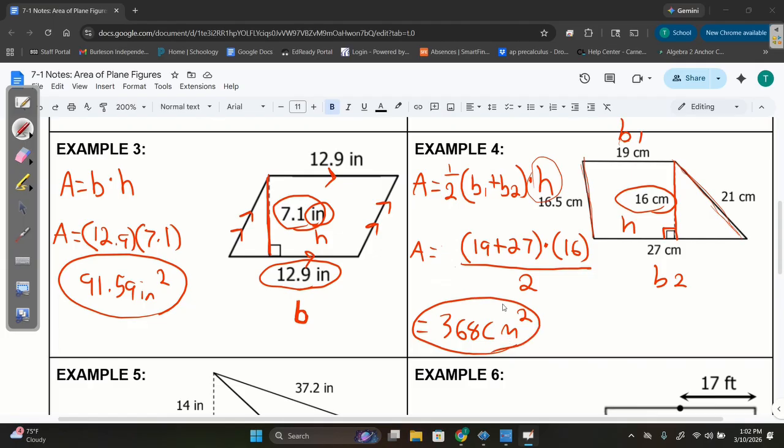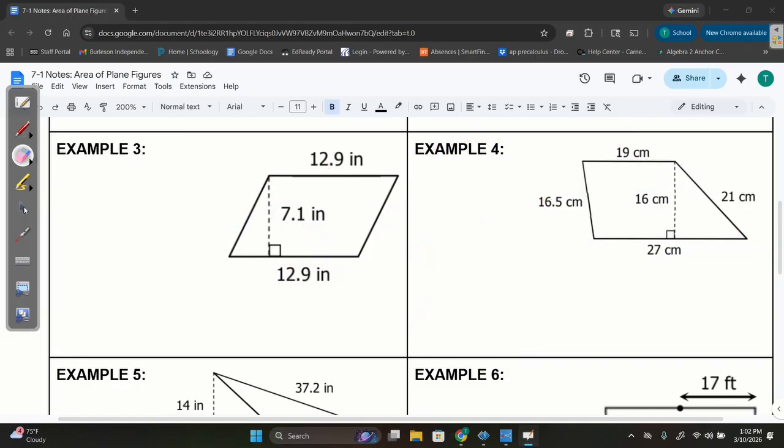Don't forget your unit, or else you're going to get half credit. Again, before we move on, make sure you have at least the formulas written down for the shapes. If you have the formulas, it's as simple as finding what pieces are which and plugging them into the right place.